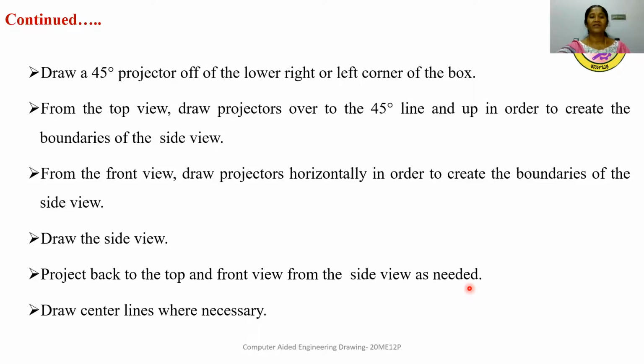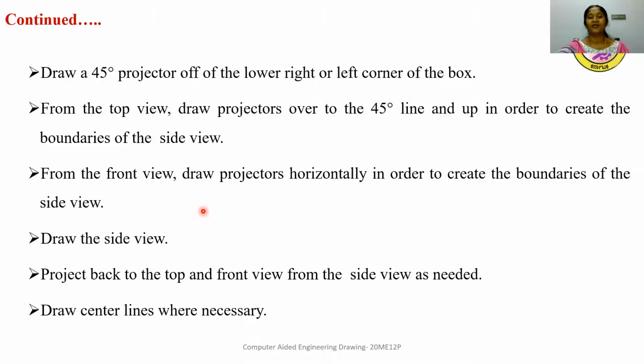And again, from the top view, draw the projectors over to the 45-degree line and up in order to create the boundaries for the side view, because the width of the side view is obtained from the top view. And again, from the front view, draw the projectors horizontally in order to create the boundaries of the side view, because the side view and the front view share the same height dimension.